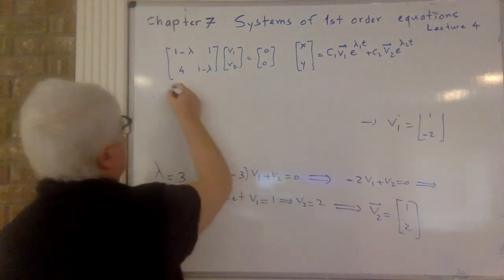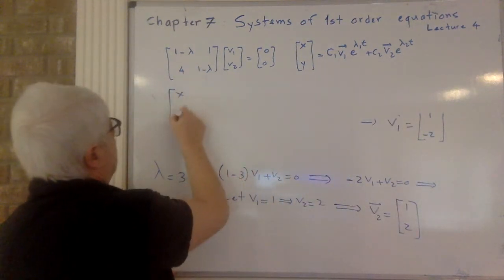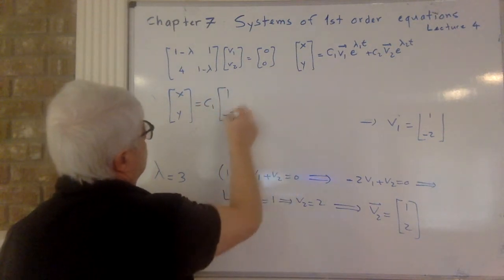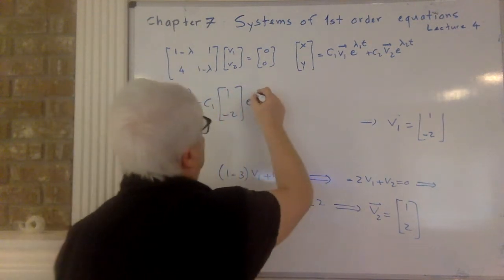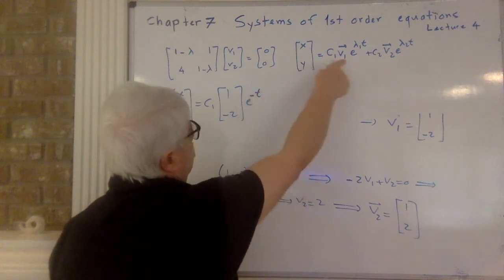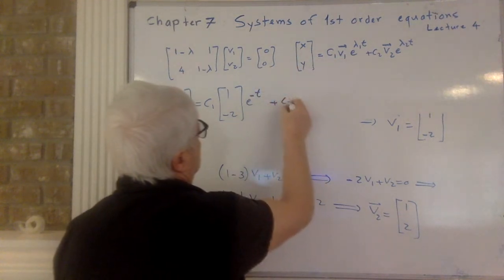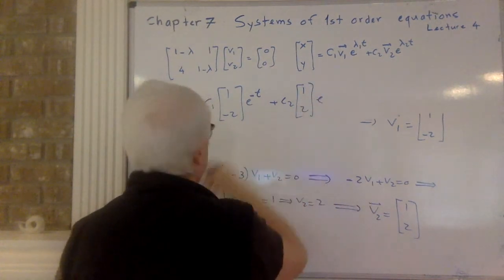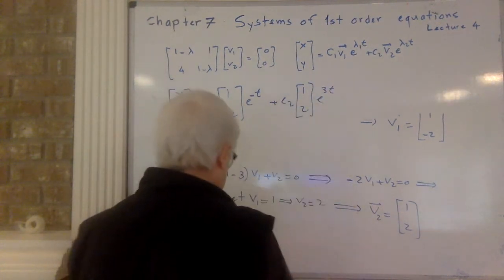So that is x, y equals C1, V1 is just 1, negative 2, e to the power minus t, that's minus 1, plus C2, that is 1, 2, e to the power 3t.